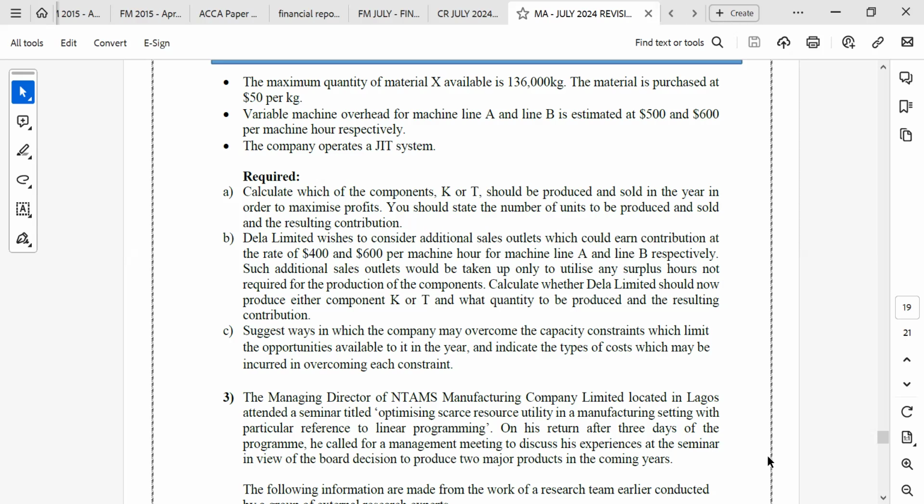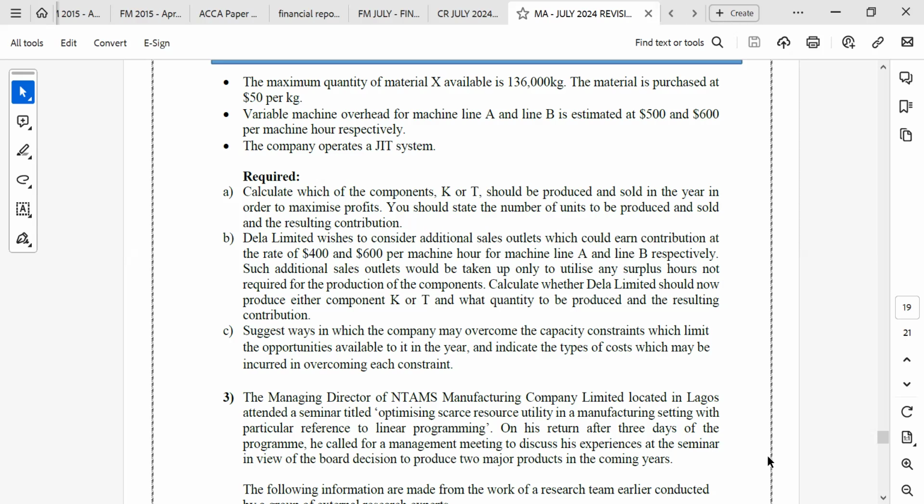So either we purchase or we look for alternative sources, because the maximum quantity of material X available is 136,000. So we have to look for additional supply sources so that we can get the 136,000.